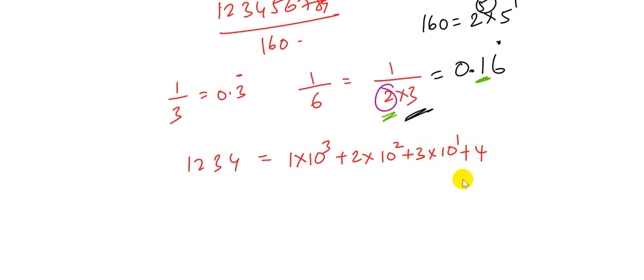So, any number in the decimal system is written like this, because the base is 10. Clear? The base is 10. Right?